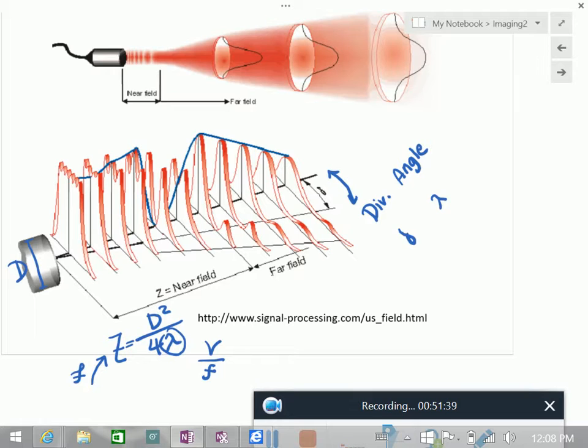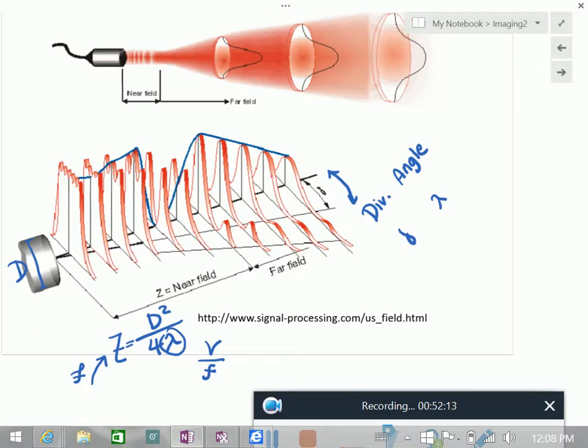So this angle is defined as when the intensity drops below 1/2. You consider this delta from the maximum, where the intensity, which is maximum in the middle, drops by 1/2 the amplitude, a 6 dB drop.